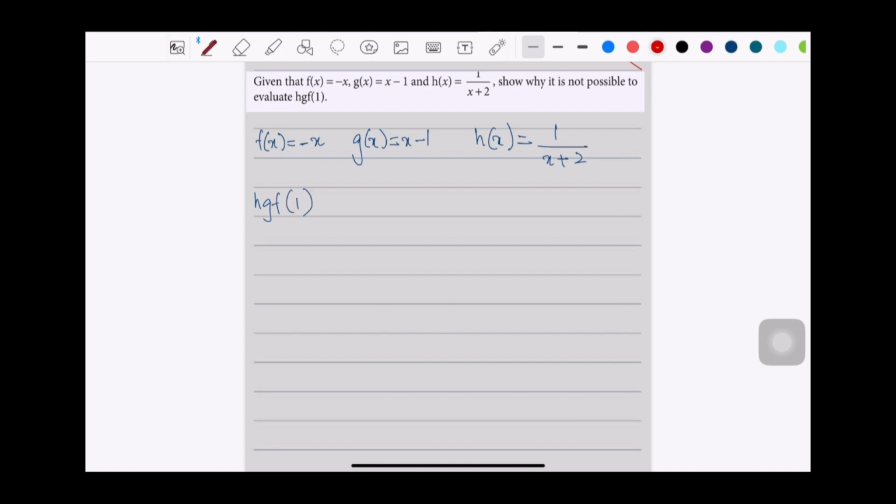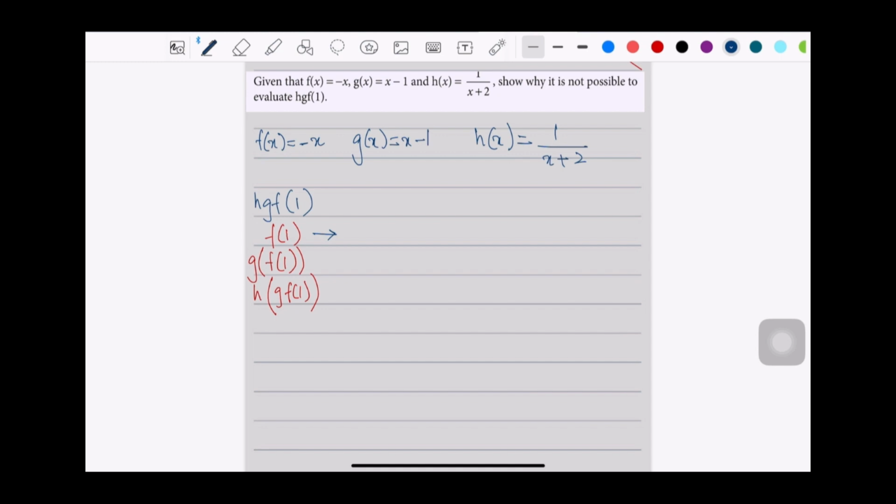The simplest way of writing it down is first find f of 1, then plug in the value of f of 1 in g, and then later on put that whole thing g of f of 1 in h. That could be the simplest way of solving it down.